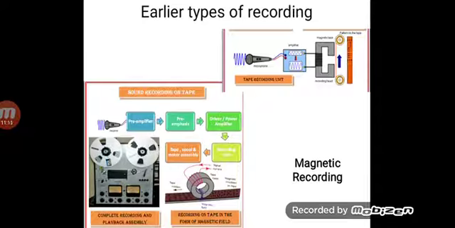Once the sound signal, that is pressure variations, is converted into an electrical signal, the form is analog, and it continued to be in the analog domain only.